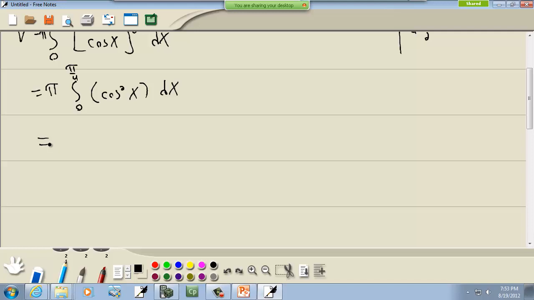I'm looking at A42. Okay. Cosine squared. Let me write that over here. Cosine squared x is equal to 1 plus cosine 2x over 2.